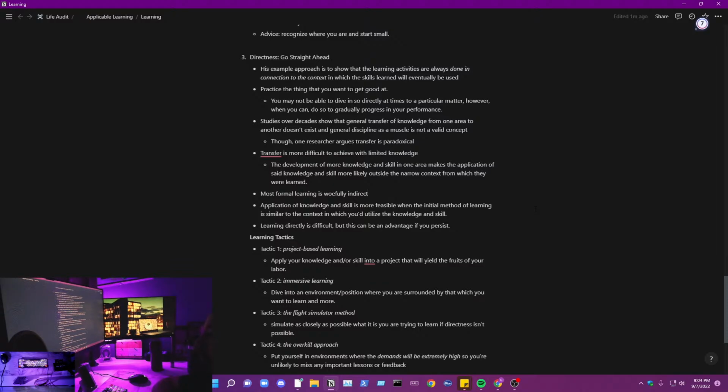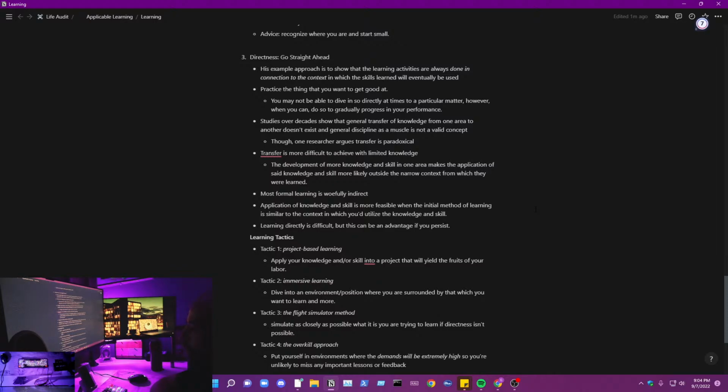Application of knowledge and skill is more feasible when the initial method of learning is similar to the context in which you'd utilize the knowledge and skill. So that is like, okay, you want to learn how to become a programmer, and so at what point do you become a programmer?